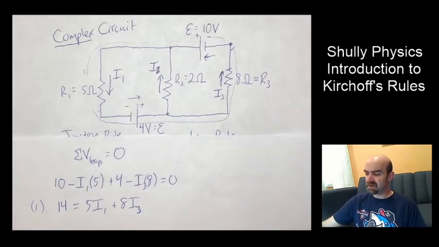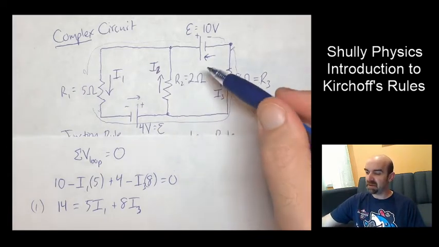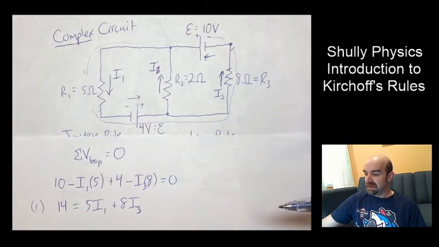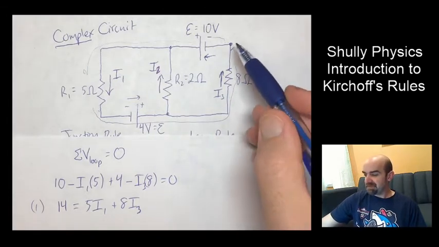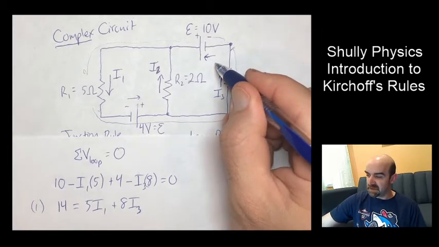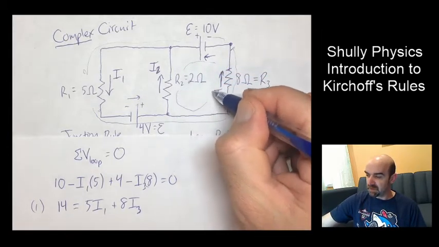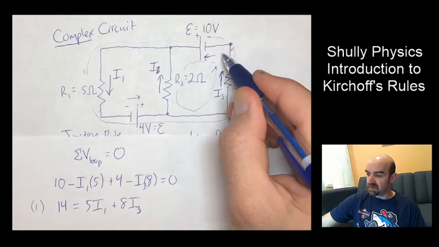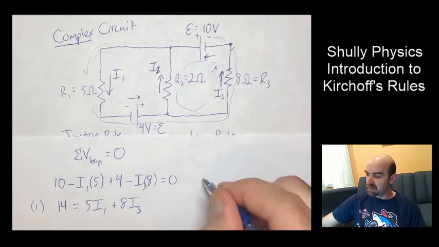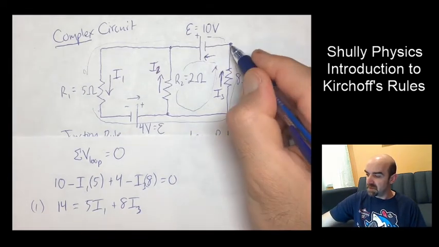Next I'm going to do a second loop, because I haven't made a loop equation that included this resistor 2. Because I'm not feeling very creative right now, I'm going to start in the same place, but do an inner loop here. I'm going to come back around to this point through these 2 resistors. So my second loop, I'm going to start at this point again.